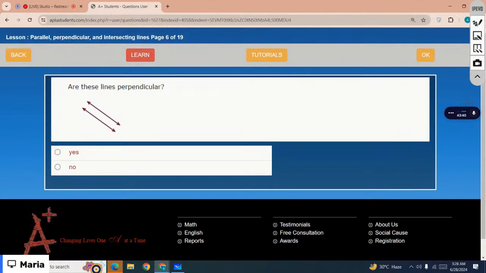Are these lines perpendicular? The correct option is no, they are not perpendicular, right?